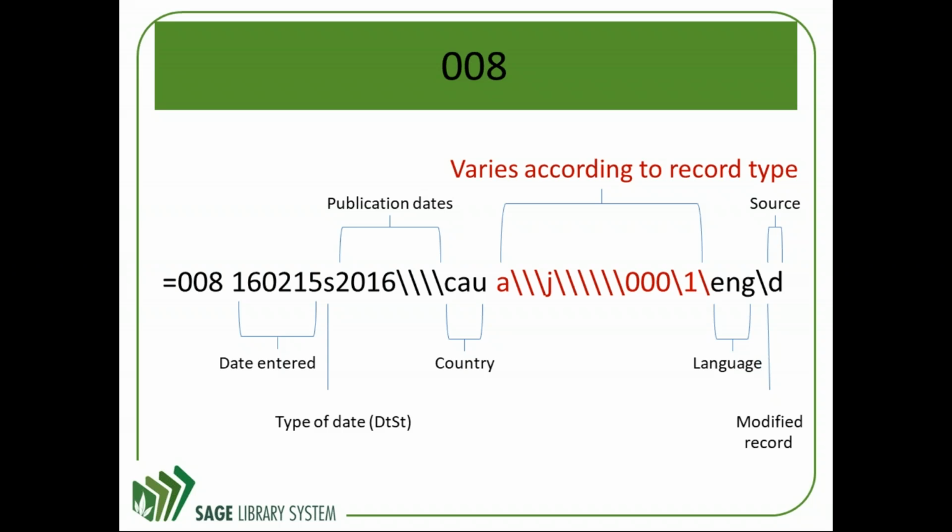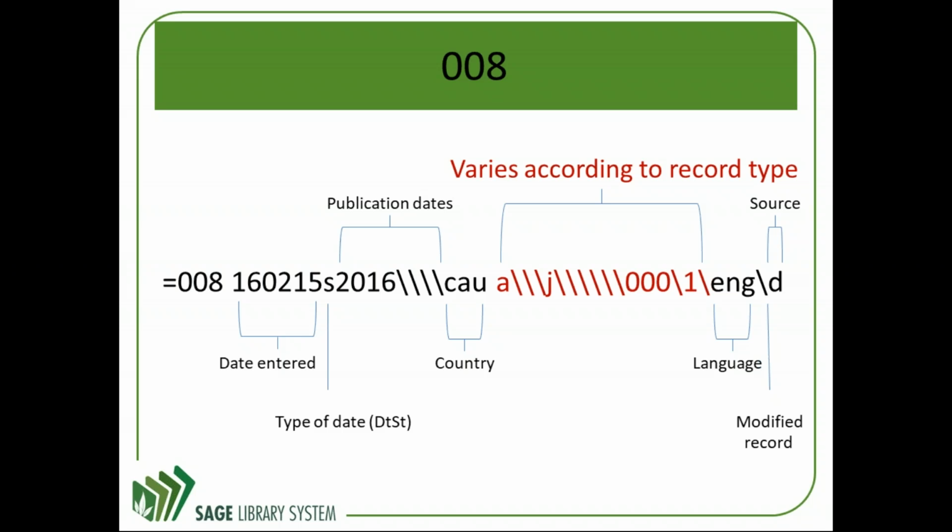Then it's a modified record, which is MREC, and that's whether or not the record has been modified. For the most part, you're going to see that as a backslash, which means that the record has not been modified. And then that very last position is a D for the source, and that can vary.